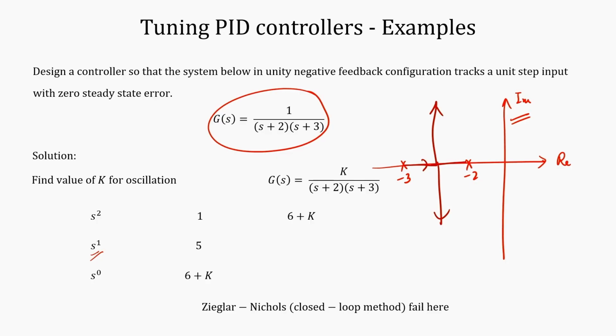But if you are not able to, for example, in the example that we took just now, there is no way that the root locus cuts the imaginary axis, then you have to go for the open loop method. There will be cases where you will not be able to get an S curve, then you will not be able to use this method. Then you have to try to find out the transfer function of the system, then use the CSD tools and find out the PID values or tune the controllers.